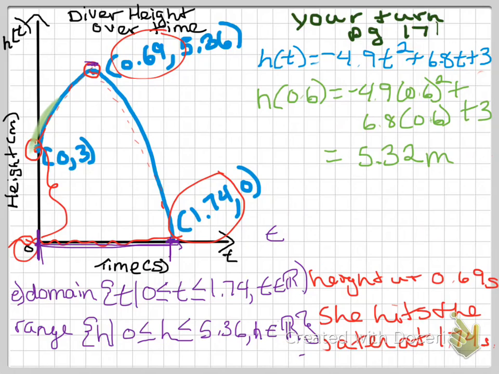So are we done? Nope. We need to make sure that we write a sentence. The sentences are important. We should always try to include a sentence when we're answering these questions. Complete sentences are best because it not only tells the teacher that you understand what you're doing, but it also helps clarify things for you. It makes connections between the numbers, the graph, the calculations, and the context of the problem as well.